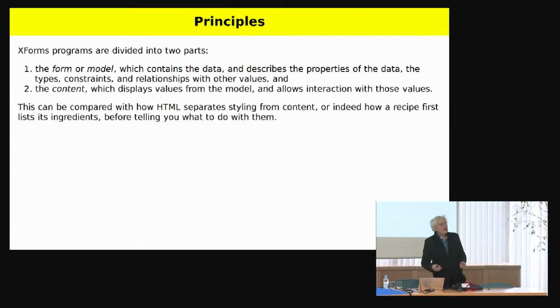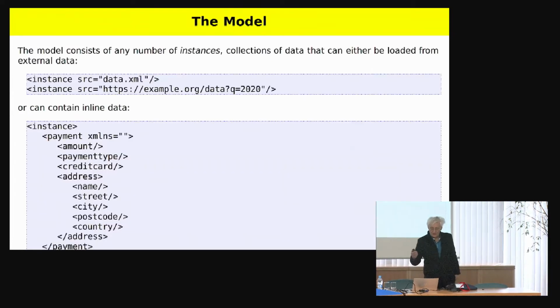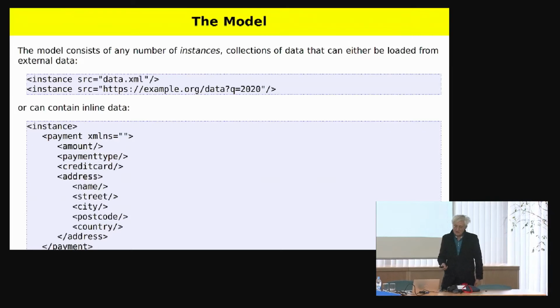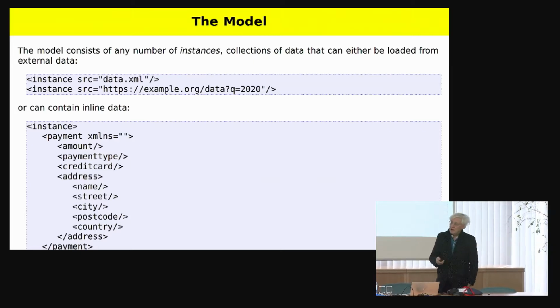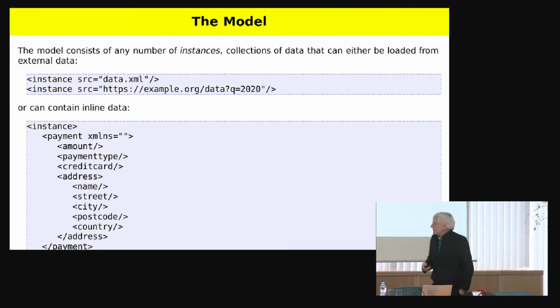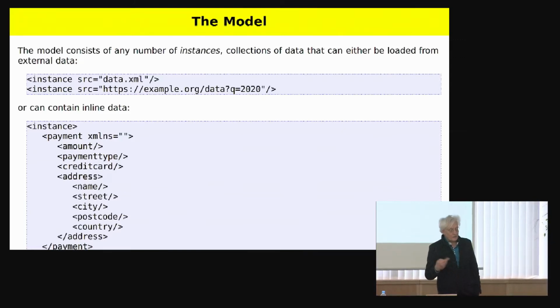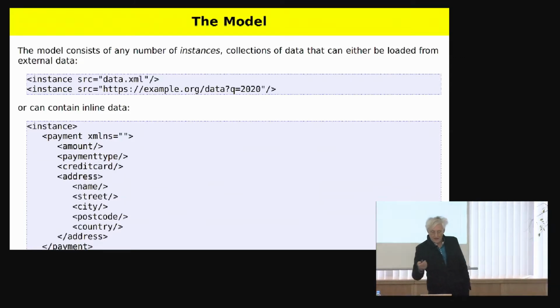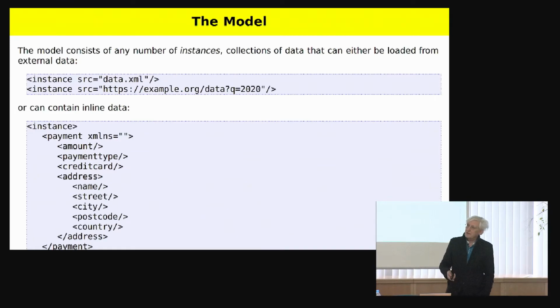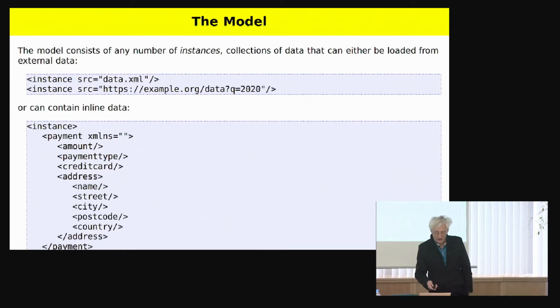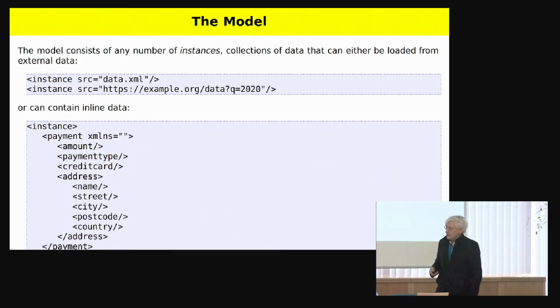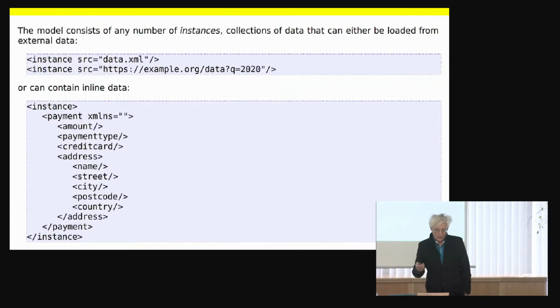That separation has a lot of advantages. So the model part, which is where the data is stored, you can have any number of instances. Those instances can have data coming from external sources. It can be a file, as it were. It can be any URL. Or you can have inline data within the model.